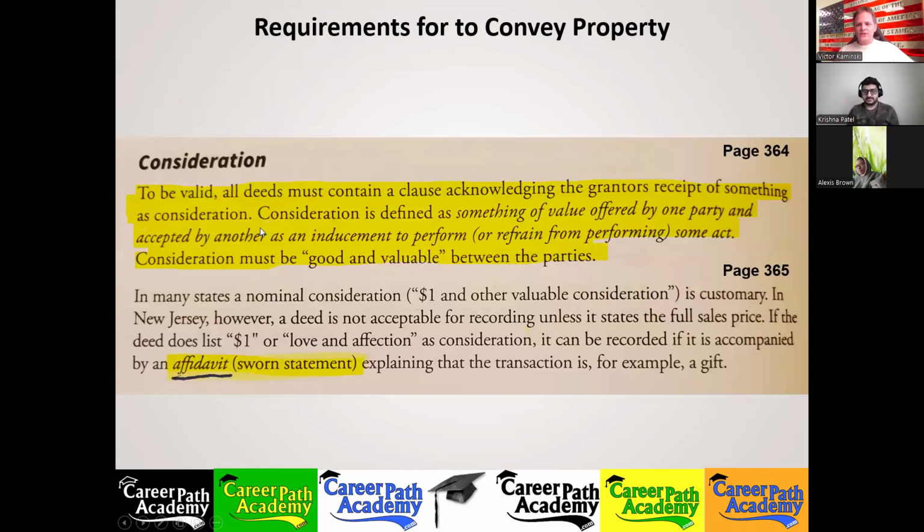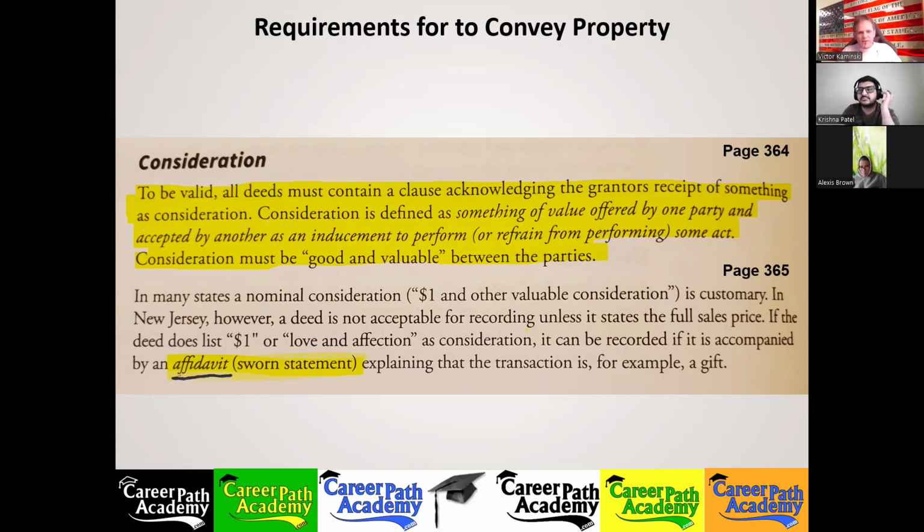So, consideration, what is that? Page 364. To be valid, all deeds must contain a clause acknowledging something of value given or received in the exchange. Where is this acknowledgement? 364.